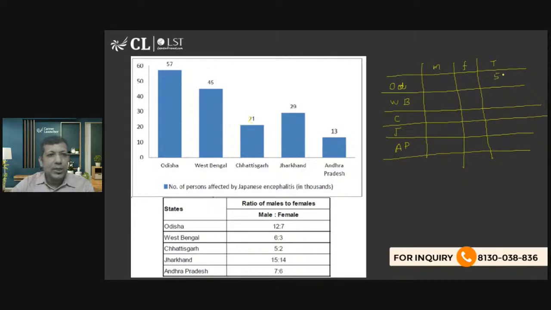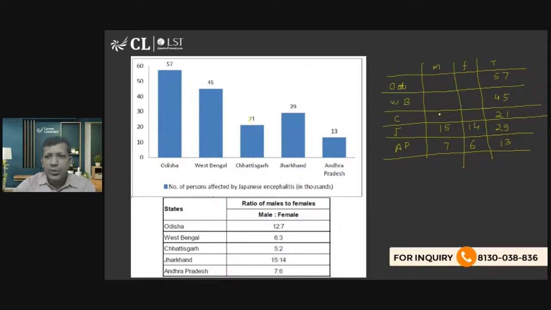This is 57. This is 45. This is 21. This is 29. And it is 13. In Andhra Pradesh, ratio is 7 is to 6. Directly 7 and 6. In Jharkhand, ratio is 15 is to 14. Write down 15 and 14. In Chhattisgarh, ratio is 5 is to 2.